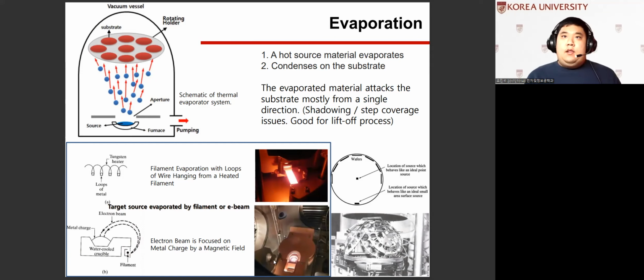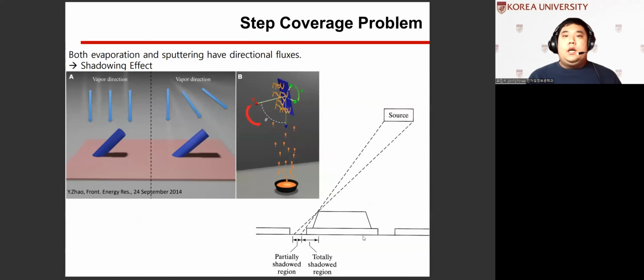However, in the e-beam evaporation process, we can put multiple materials and select the materials to evaporate one at a time. However, in this evaporation system, there is a problem with step coverage, because the vapor tends to move in one direction. So in 3D structures, there can be shadowed regions.